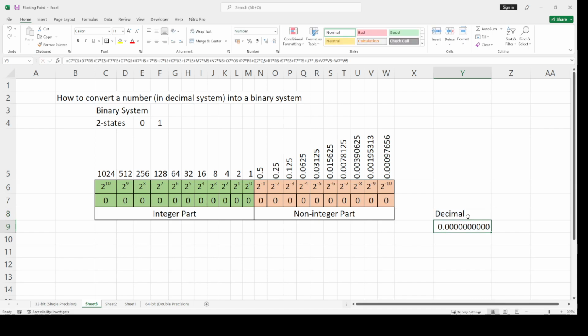But what if I turn on the switch at 2 raised to 1? When I choose to make this 1, our answer in the decimal system will be equal to 2 raised to 1.